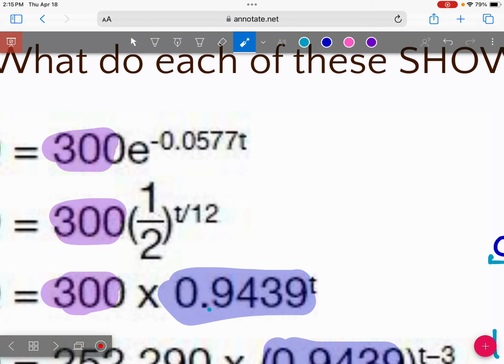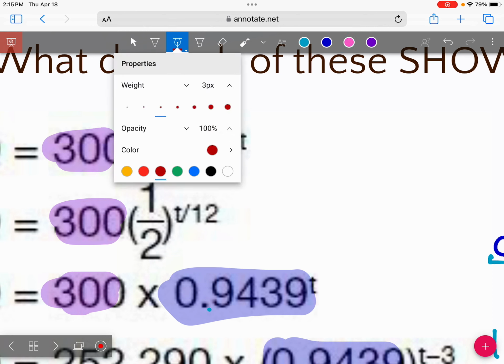So we're going to talk about B mostly, that second equation that has the 1/2. Because this is a special thing, mostly particular to chemistry. This is talking about something called the half-life. And what the half-life shows us is how long until it's cut in half.